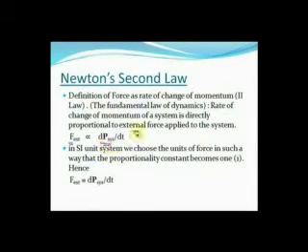Here P system is the momentum of the system. In the SI unit system, we choose the unit of force in such a way that the proportionality constant becomes 1. So F external will be equal to dP system by dt. This is true for the SI unit system.